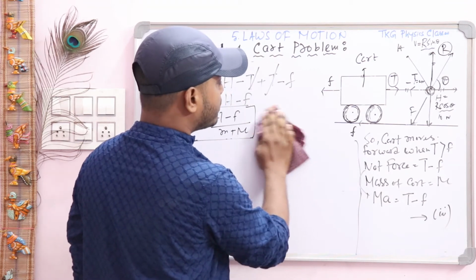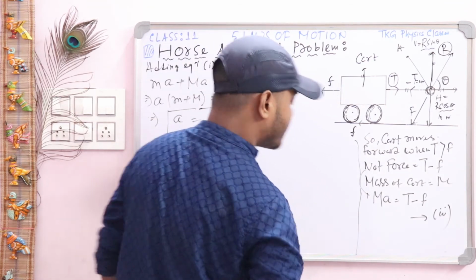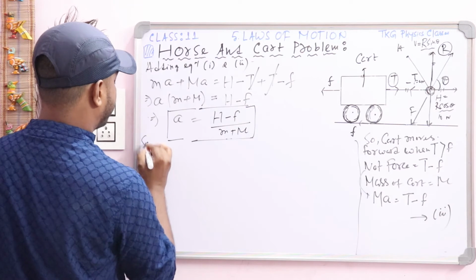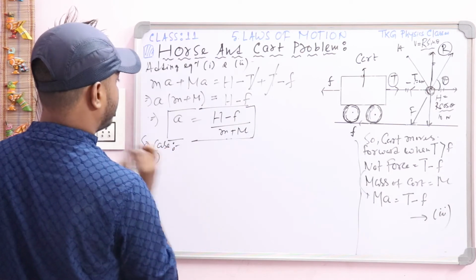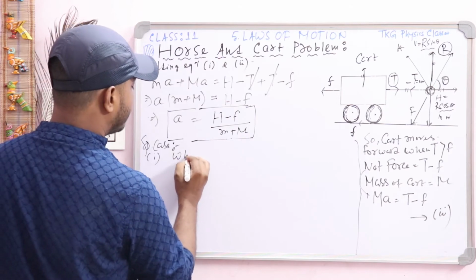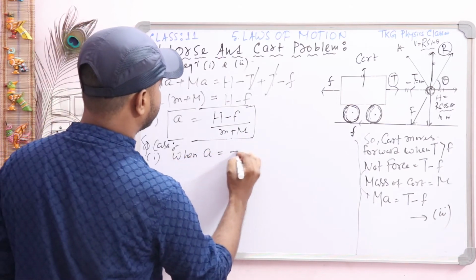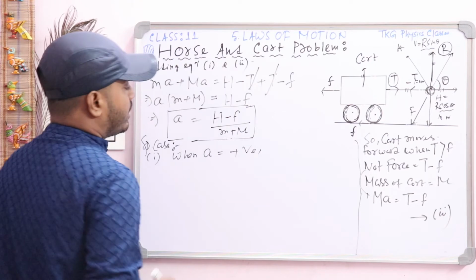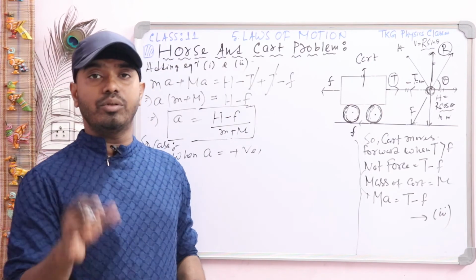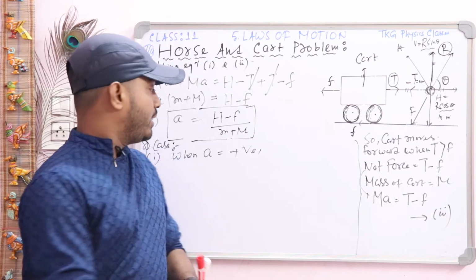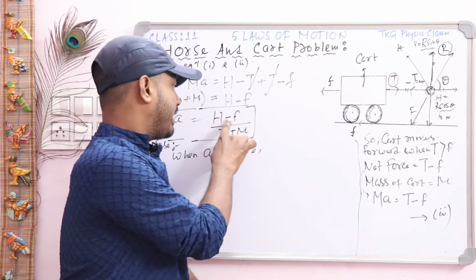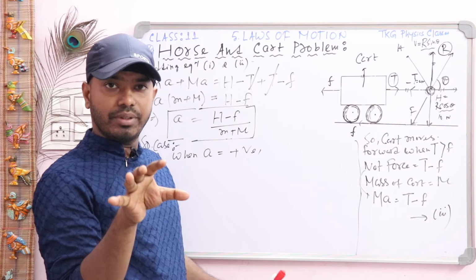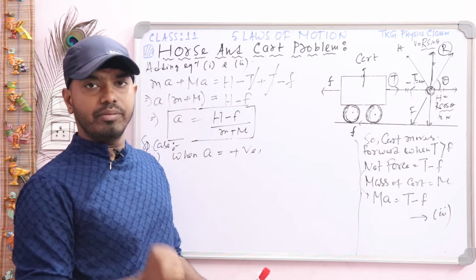Now here we use 3 special conditions. Special case point 1. When acceleration is positive, this is the formula H minus F. If H minus F is positive, that means the acceleration is positive.